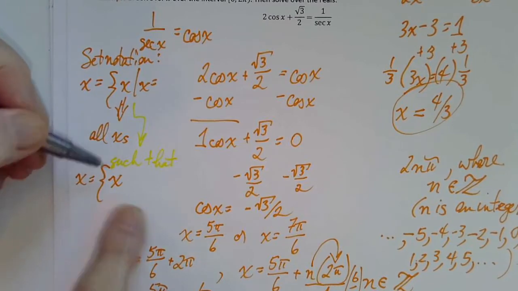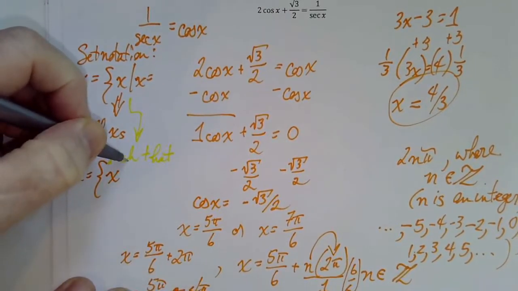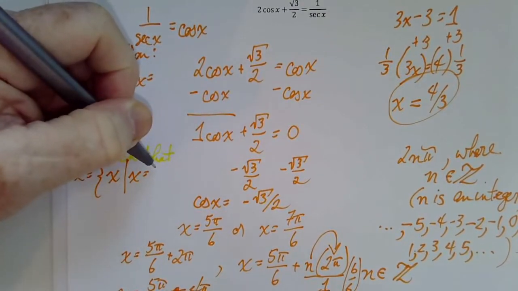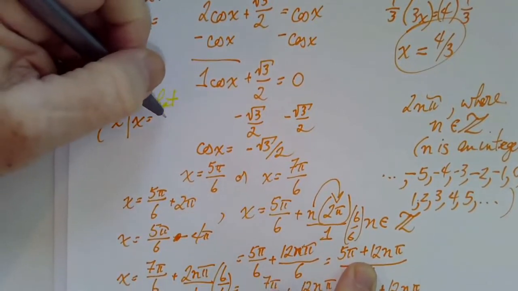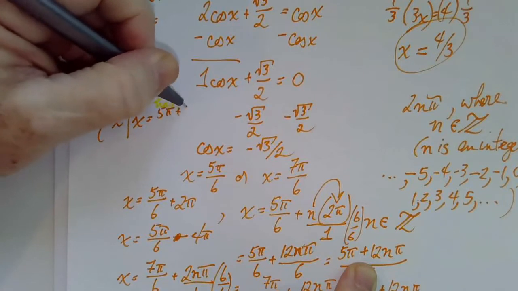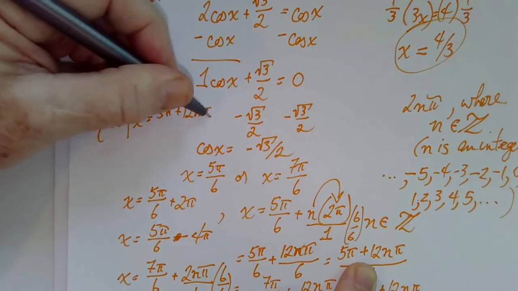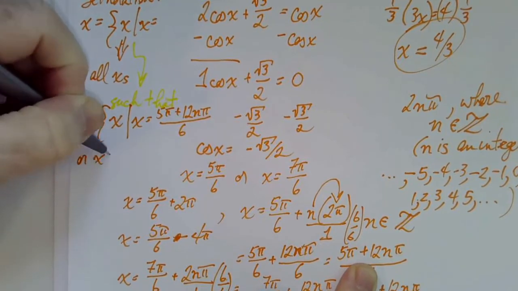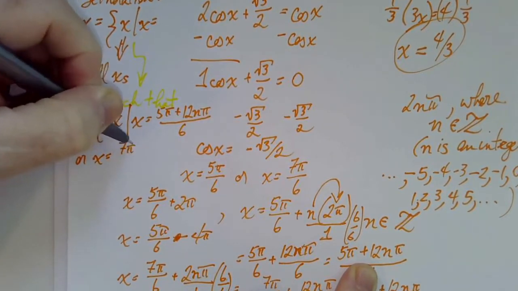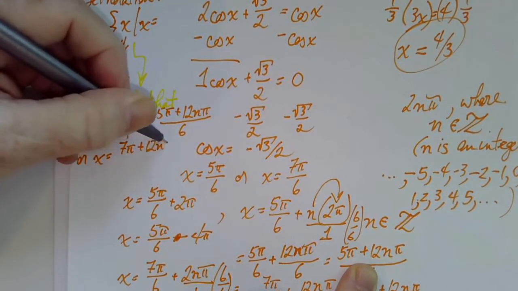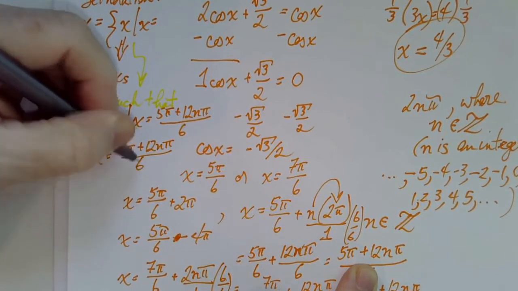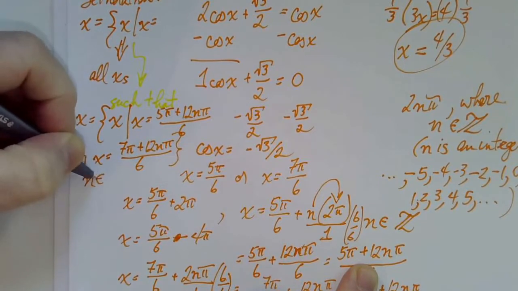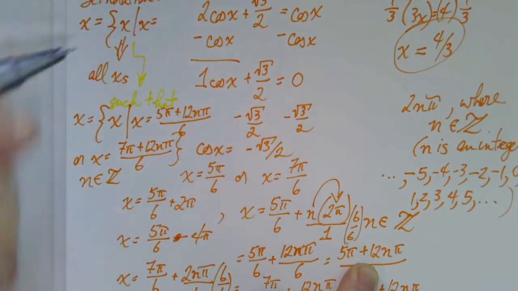I'm talking about x, and I'm talking about all the x's such that x is equal to 5 pi plus 12n pi over 6, or x is equal to 7 pi plus 12n pi over 6. Close. Oh, where n is an integer.